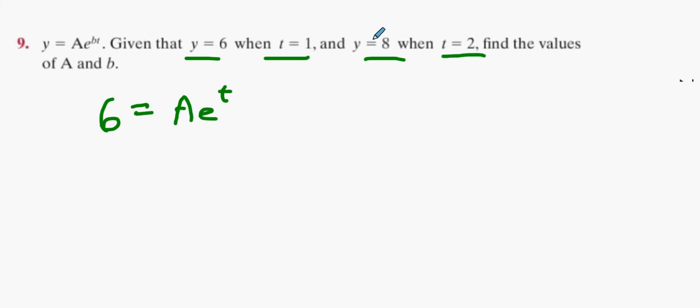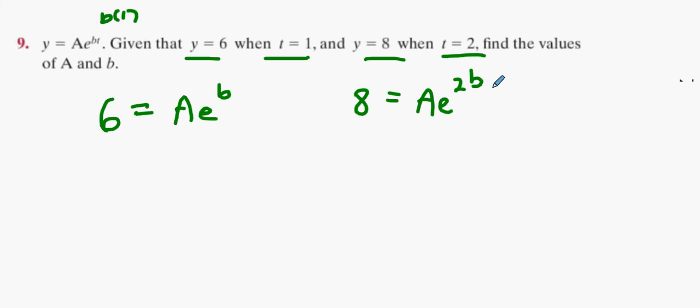What's the other one? 8 equals, anybody? a e to the power of, oh sorry, I'm wrong. It's b by 1, isn't it? So it's a e to the power of b, and this one's a e to the power of 2b.